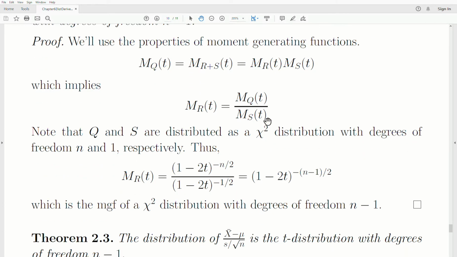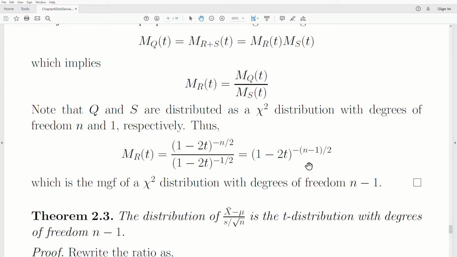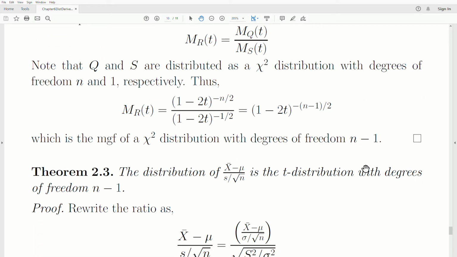We know the moment-generating function of a chi-square random variable, so let's just plug it in. See the n right there, and this is a chi-squared with 1. Same base, so we can bring it up and rewrite it like this. This looks like a moment-generating function for a chi-square random variable with n minus 1 degrees of freedom. Since moment-generating functions are fingerprints to a unique distribution, and this has the form of a chi-square, we know that R has to be a chi-square distribution with n minus 1 degrees of freedom.